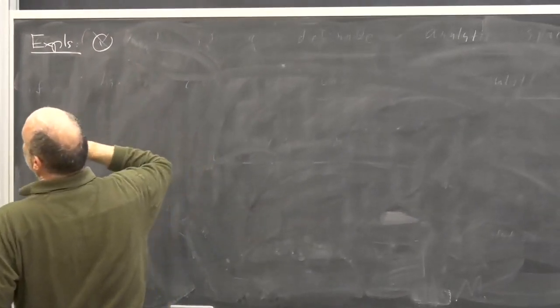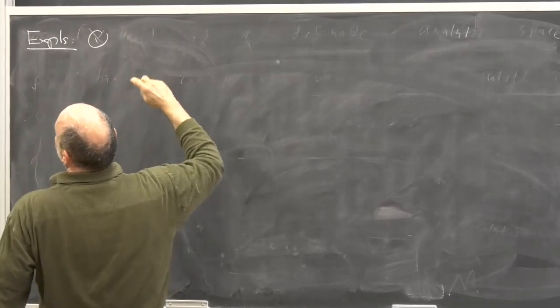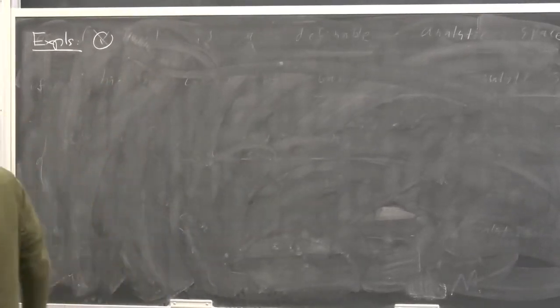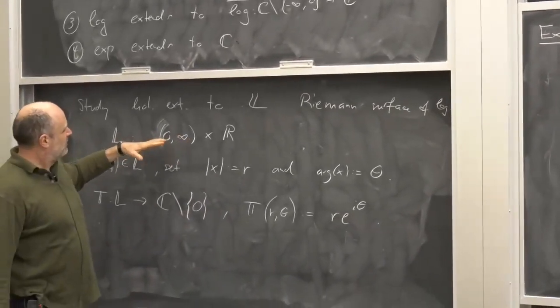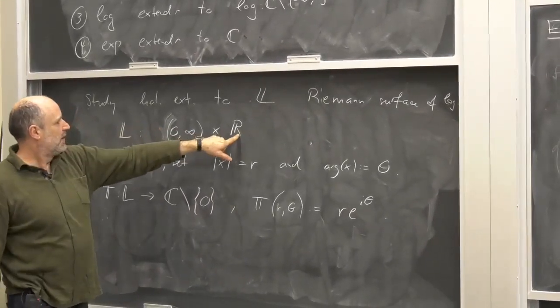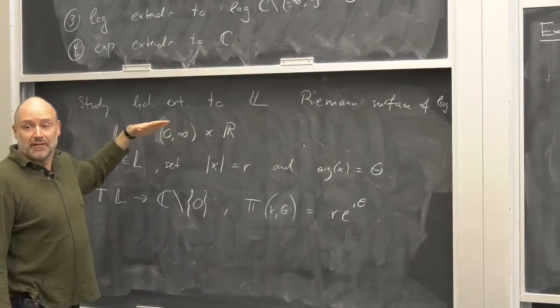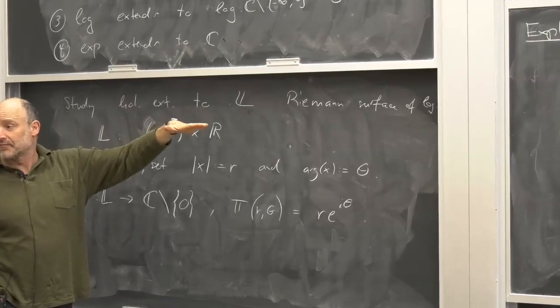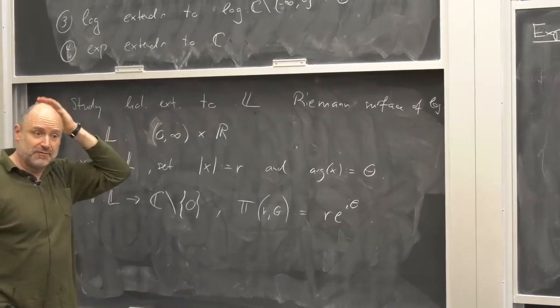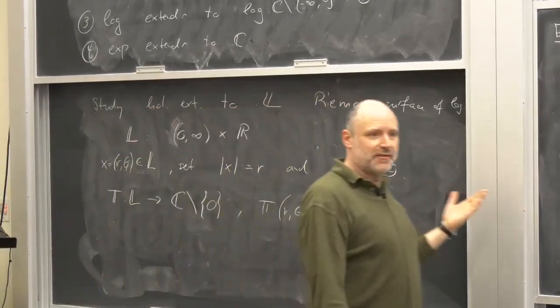So scalar multiplication, we think in L. I think of the angle 0 as representing the positive real half-axis. Okay, so our positive half-axis sits in there.